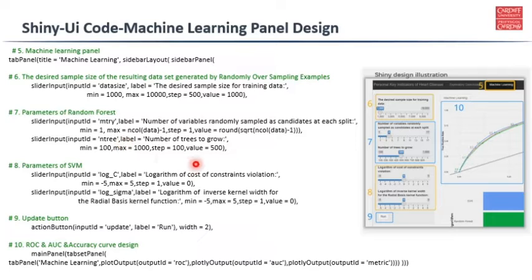The initial value is 500. For the SVM model, the adjustable parameters are the hyperparameters log C and log sigma in the Gaussian kernel, whose values range from -5 to 5.